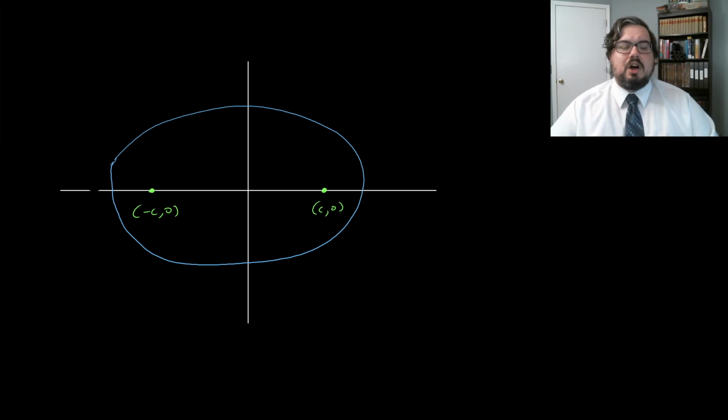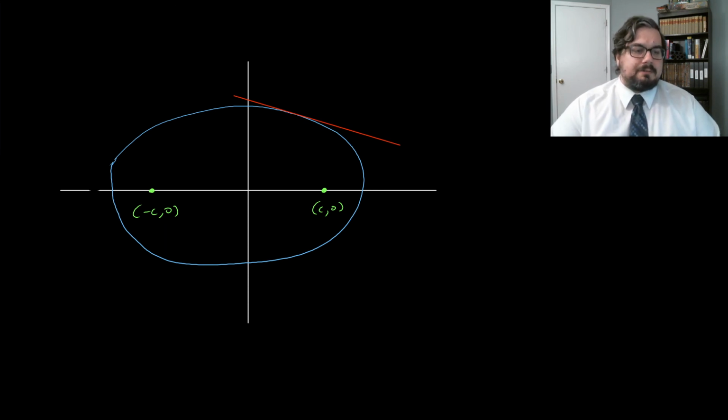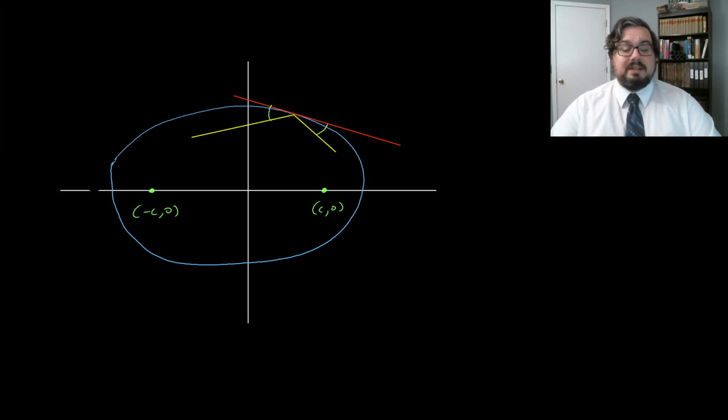Then we can talk about reflections of things that happen inside this ellipse, similarly to how we did with the parabola. And if some signal comes in and reflects off of the parabola, then again we have the same principle from physics that the angle that the signal comes in and the angle that the signal comes out are going to be the same. Now with the ellipse, there's no sort of outside.